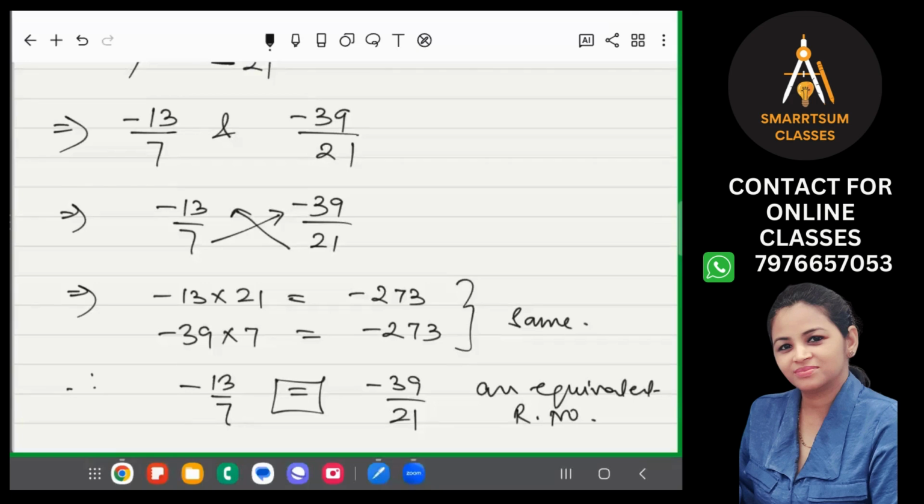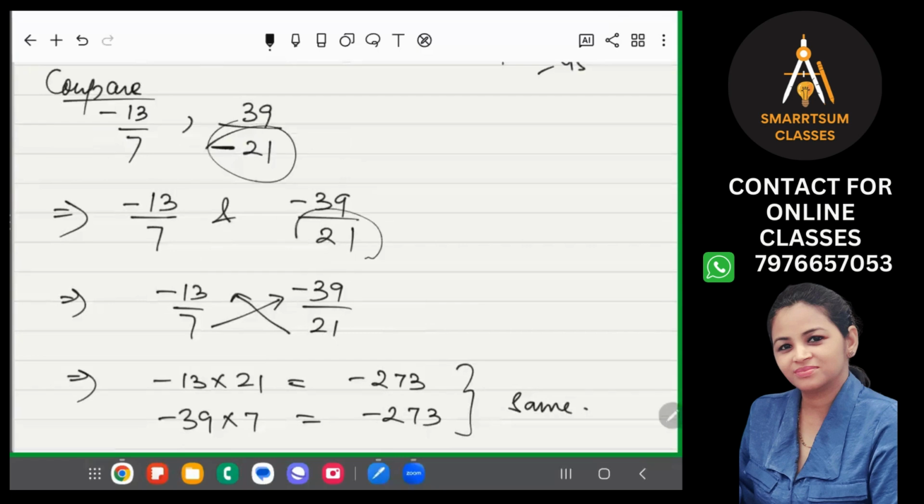A similar method is used here, which we use to compare fractions. Just one thing you have to take care of while doing cross multiplication: before doing that, you have to first convert the negative denominator into a positive one. Otherwise, you will get a wrong answer. Is that clear?